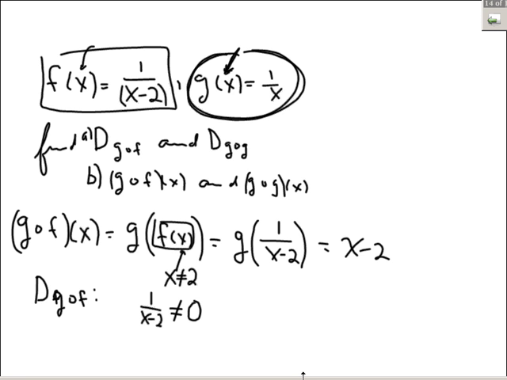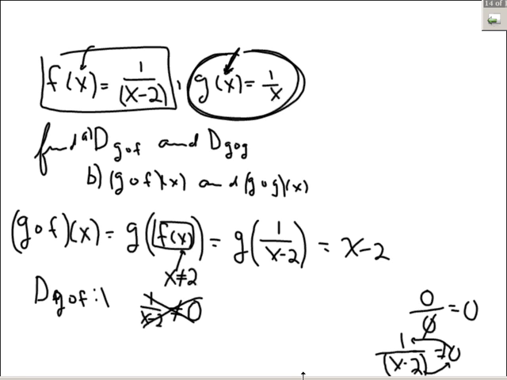A fraction is 0 when the top is 0 and the bottom is not. Our top is always 1 and the bottom is whatever. This will never equal 0, because it doesn't matter what you plug in for x. So this will never happen.